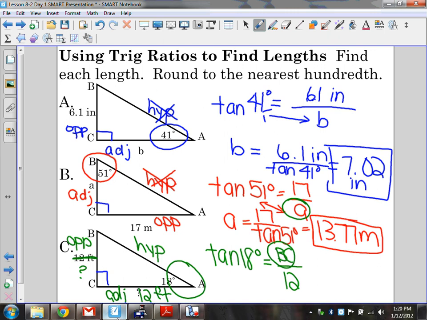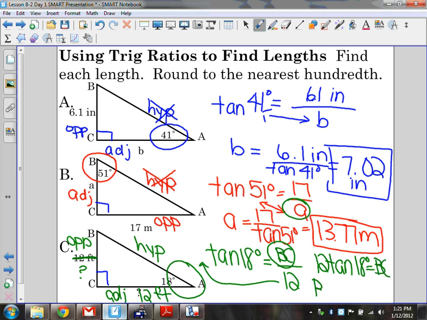So what do we normally do whenever we see a problem like this? We don't do anything with the 18. We need to get rid of the denominator, so we multiply both sides by 12. You don't have to show that. I'll just tell you, draw an arrow to move the 12 up there. So now you have 12 times the tangent of 18 degrees equals BC.